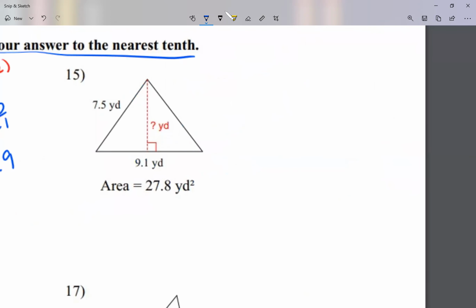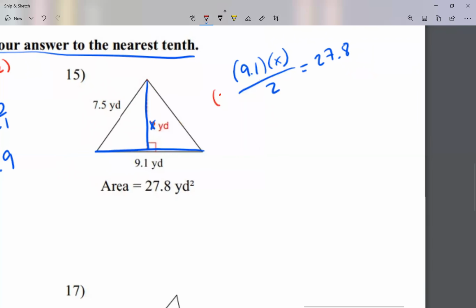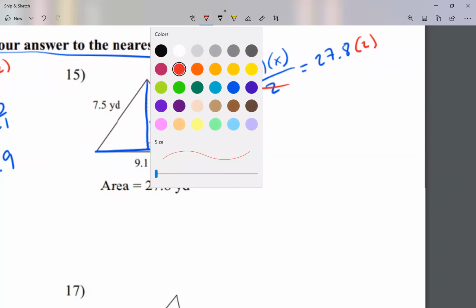All right, so number 15. My 90-degree angle is made by x. Remember that question mark, I call it x. And 9.1. So I'm just going to go 9.1 times x divided by 2. The area is 27.8. The one fraction, so I'm going to multiply both sides by 2 and cancel that out.